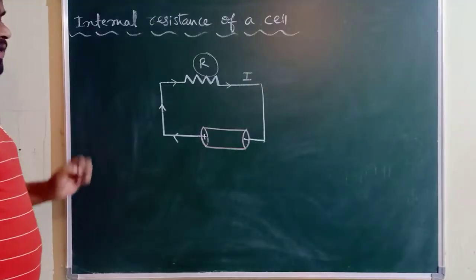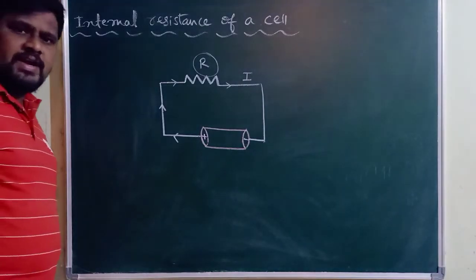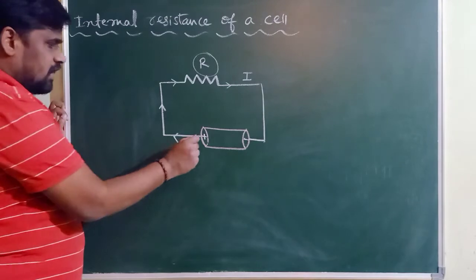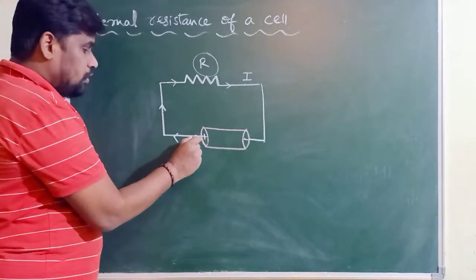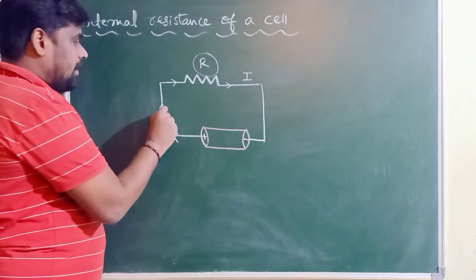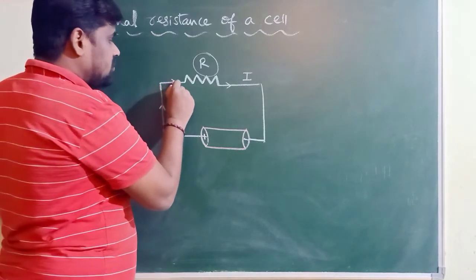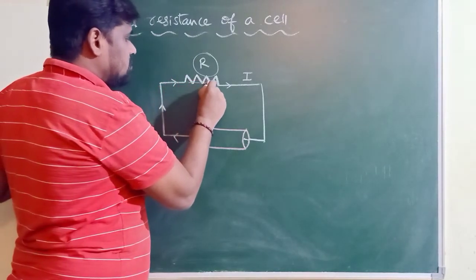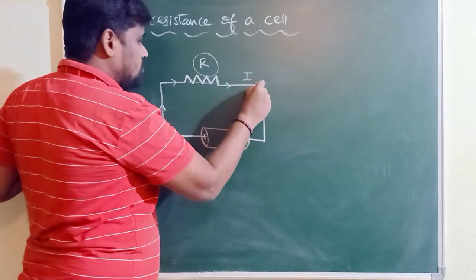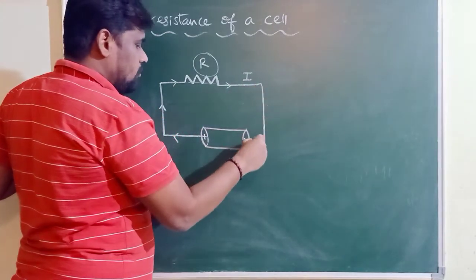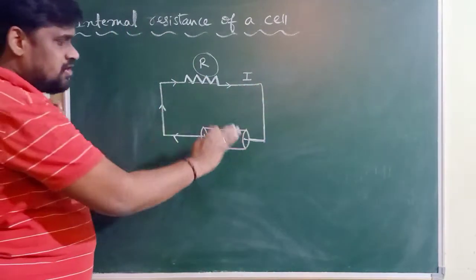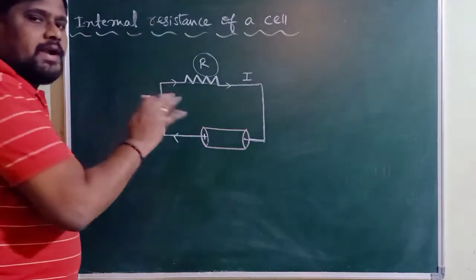When the current starts flowing through the external circuit, tell me what is the direction of the current here. The direction of the current is from the positive terminal to the negative terminal. The journey of the current is not going to end here.